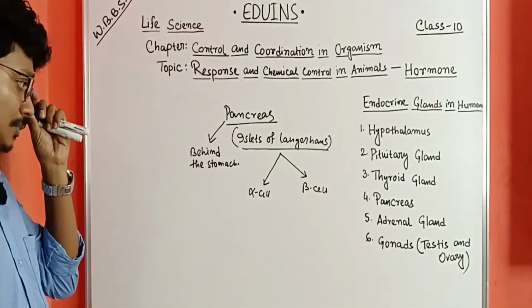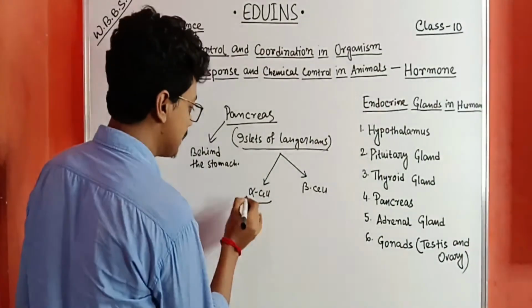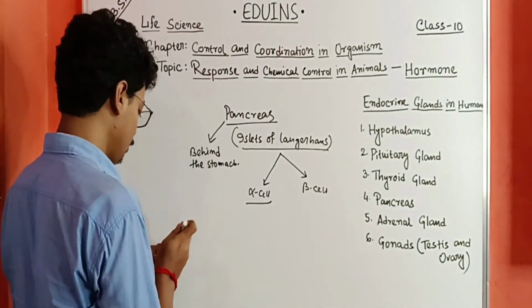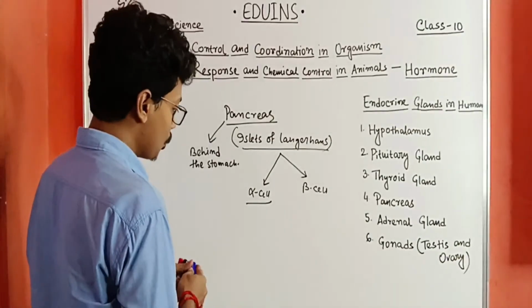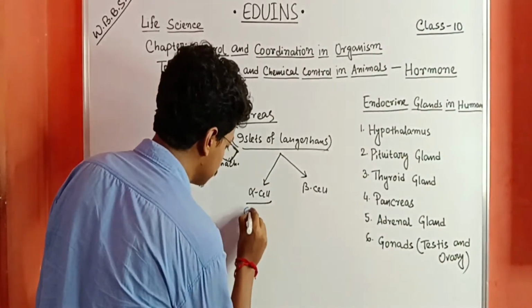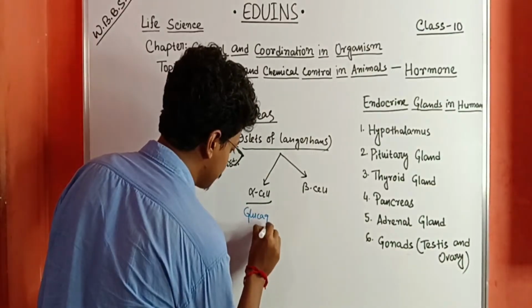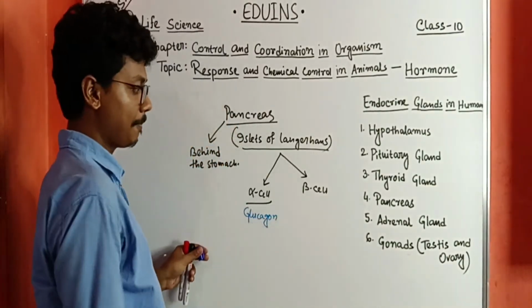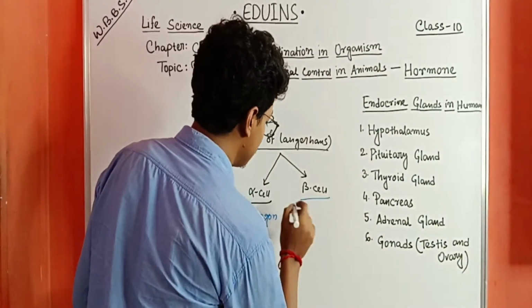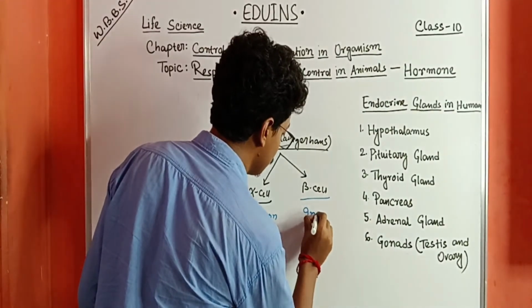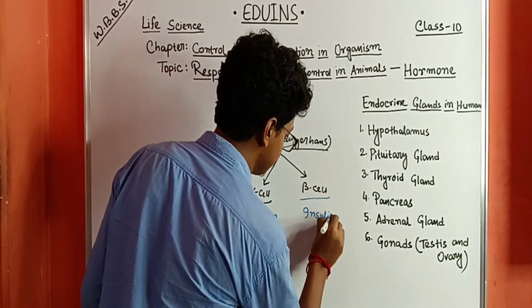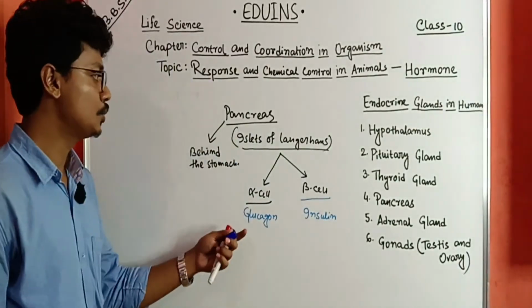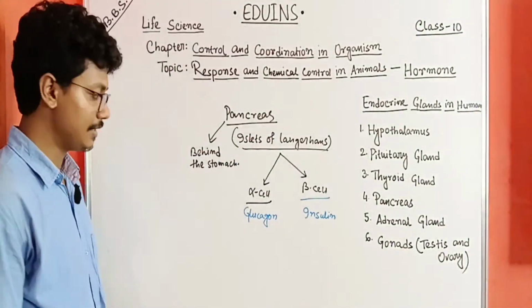The alpha cell releases the hormone glucagon, and the beta cells release the hormone insulin. These are the two hormones released from the pancreas.